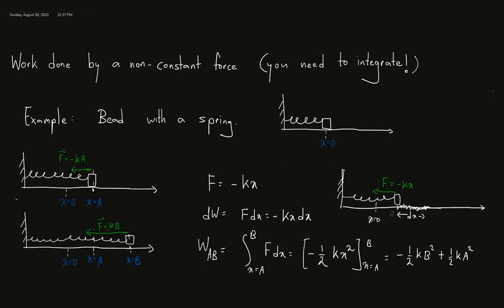Then what's the work done in going from A to B? Clearly you have to add up these incremental work done in going these incremental distances dx from A to B, and in doing so you just have to integrate.